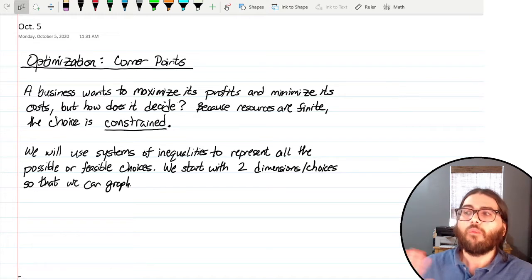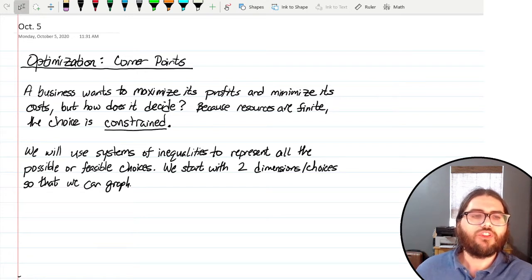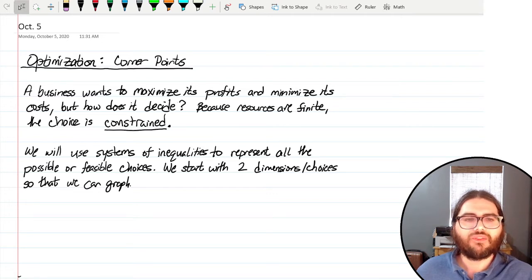And so basically what we do is we model our choices by these inequalities, and then once we have a feasible region, that is the shading part of the solution to all the system of inequalities, then we will pick between all of those different possibilities using a couple of different methods that we'll learn this week and next.